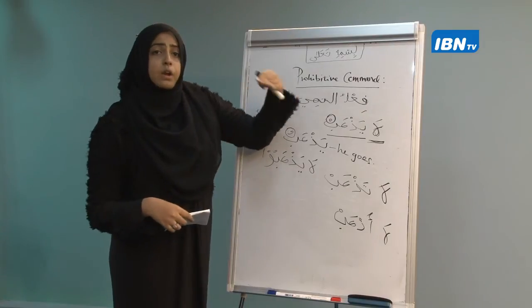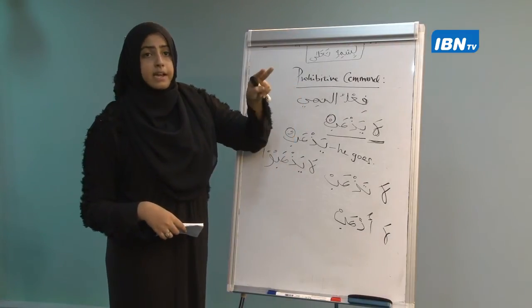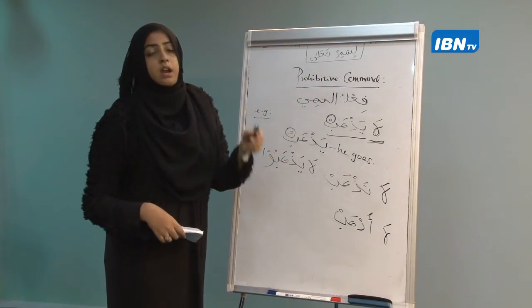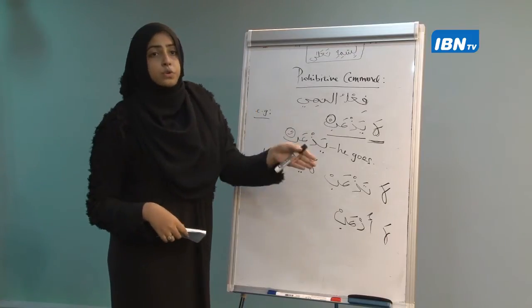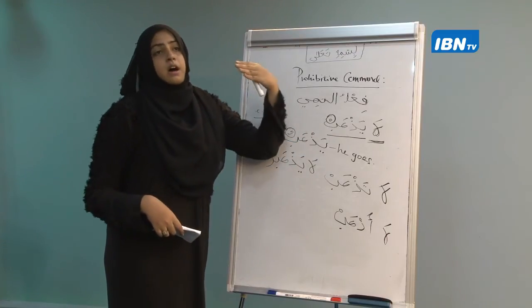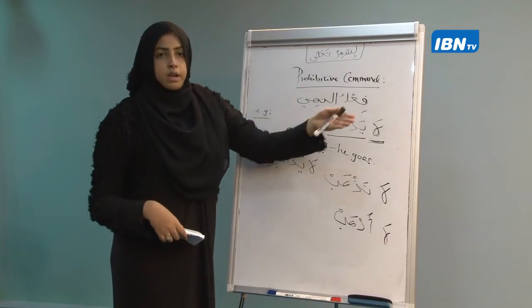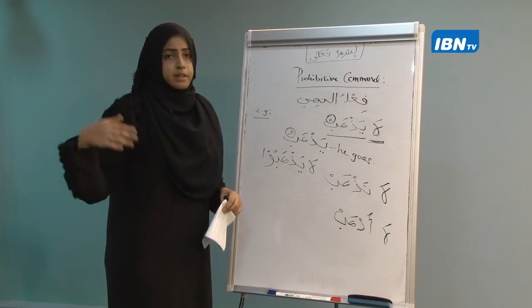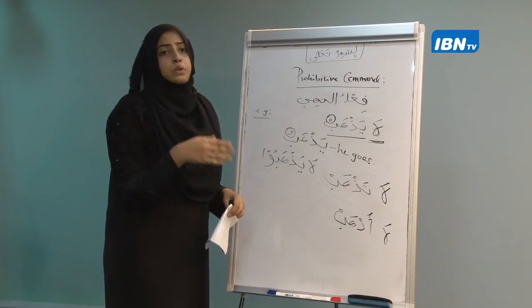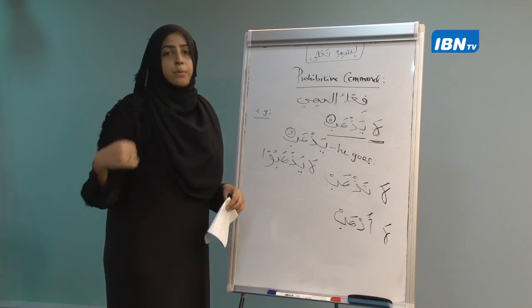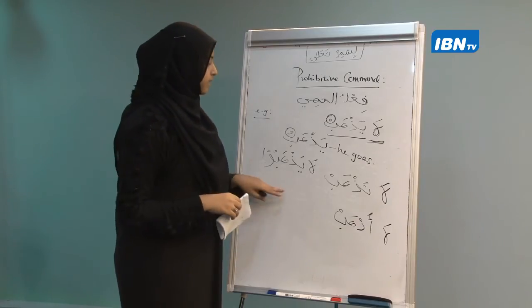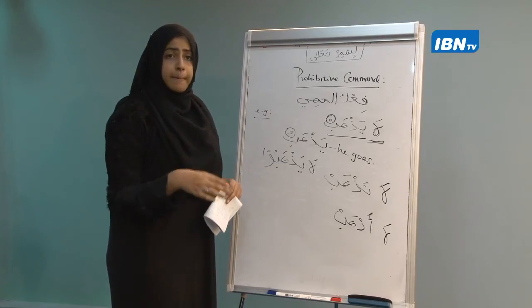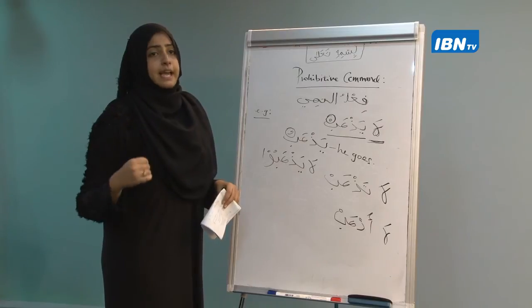So that fi'lul is only for second person: you masculine singular, you feminine singular, you two, you 3 or more masculine, or you 3 or more feminine. Like uktubna, meaning antunna uktubna, you 3 or more female, write. Right, so that fi'lul only applies to the second person.